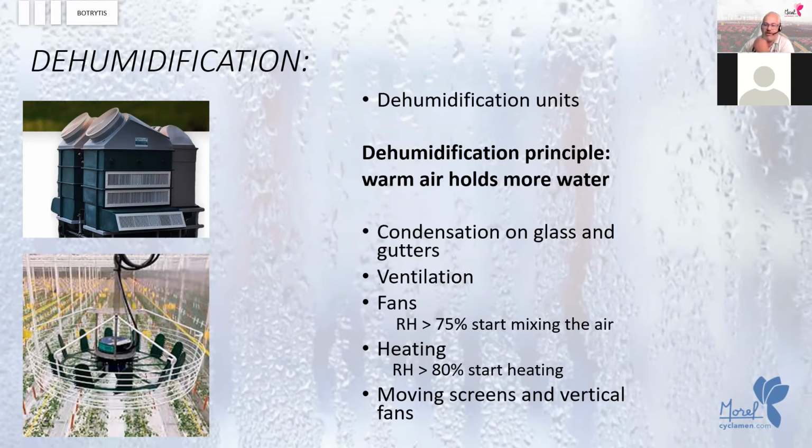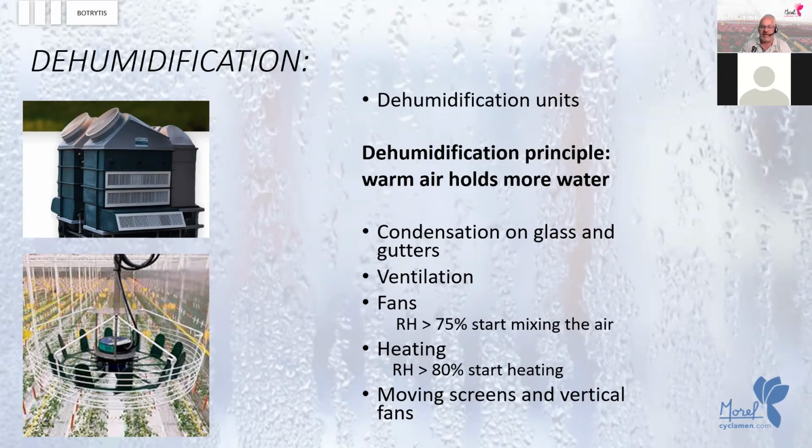So that can be done by increasing a difference of 2 degrees inside the greenhouse, 2 degrees warmer than outside the greenhouse. It would mean that there is already condensation of water against the colder glass into the gutters. But of course, that cannot be done at this time of year because the outside temperatures are still relatively high.